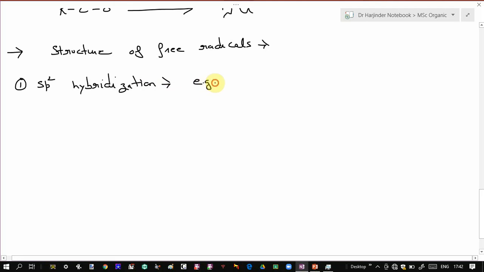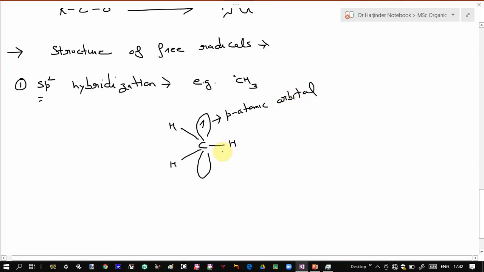For example, the simple methyl radical has sp2 hybridization, in which it has a trigonal planar structure like this with three covalent bonds. So three sp2 hybrid orbitals form three covalent bonds, and there is one unpaired electron which is present in an unhybridized p atomic orbital, and these three are sp2 hybrid orbitals with a bond angle of 120 degrees, and they have a trigonal planar structure.